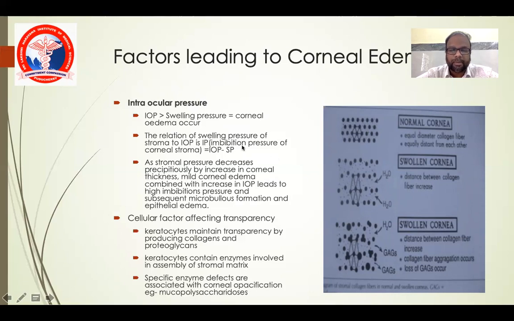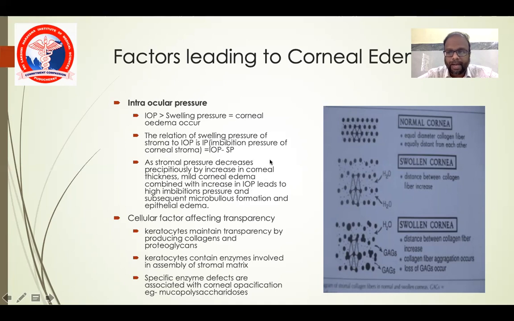That is, the imbibition pressure of the corneal stroma is the intraocular pressure minus the swelling pressure. Okay. So as the stromal pressure decreases precipitously by increase in corneal thickness, mild corneal edema, combined with increase in intraocular pressure, leads to high imbibition pressures, and subsequently there is a formation of microbullae and epithelial edema. So when water is pushed into the cornea, it forms microbullae and the epithelium becomes edematous.